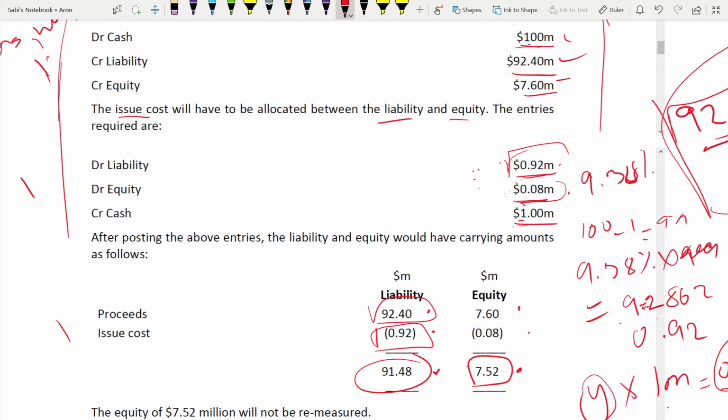We need it in terms of percentage, that's why we took it out of cash: liability minus 1 divided by 99, the amount of cash, to find this in terms of percentage. Once we have allocated it, take it and deduct it from liability and equity. The proceeds, not the 100 million.